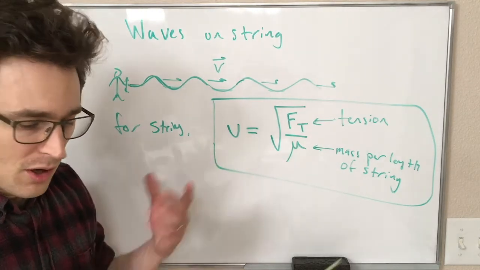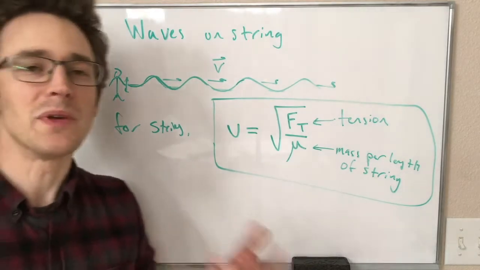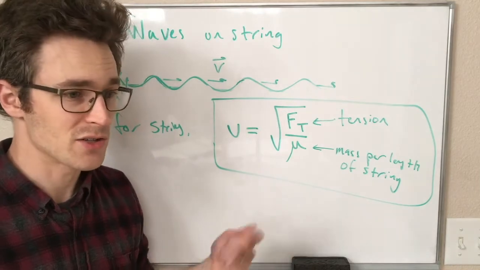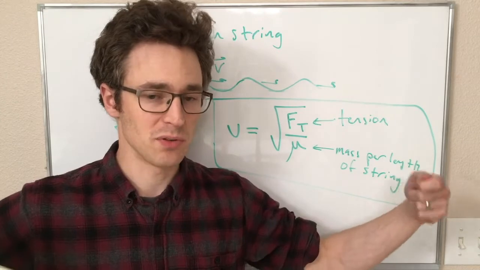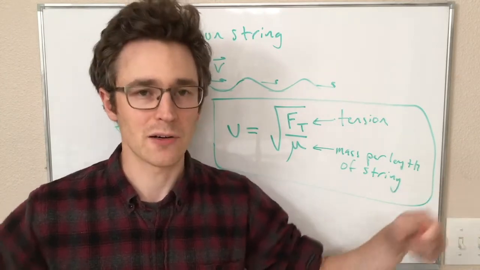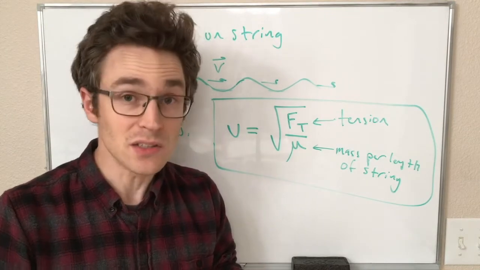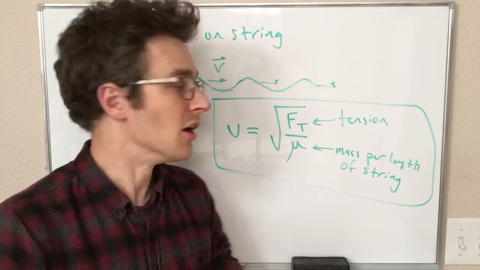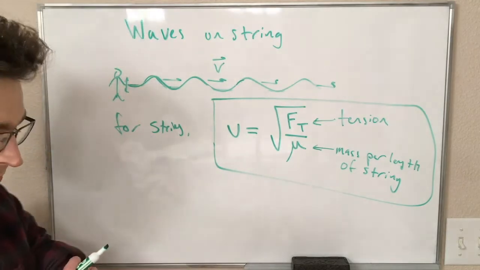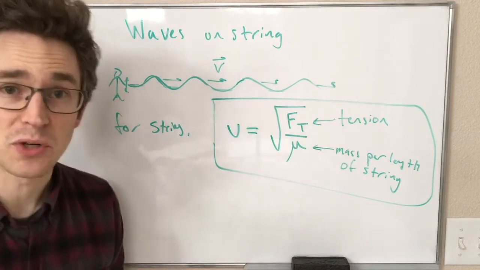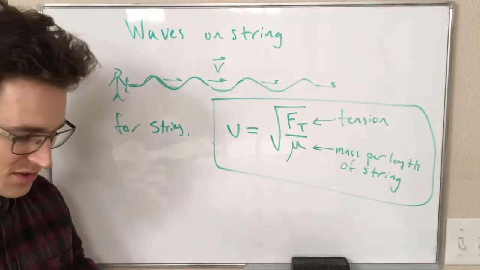For something like a modest, like a typical piece of string you might have, just like cotton string or whatever, and if you stretch it between your hands, pulling on it just with a moderate amount of force, you can see that the wave velocity in that system can be easily 100 meters per second, which is very, very fast. I don't know, that's pretty cool that you can get velocities that high in such a simple system.